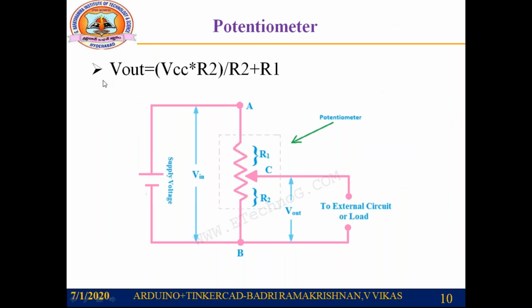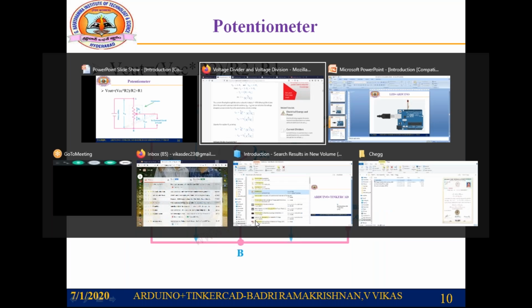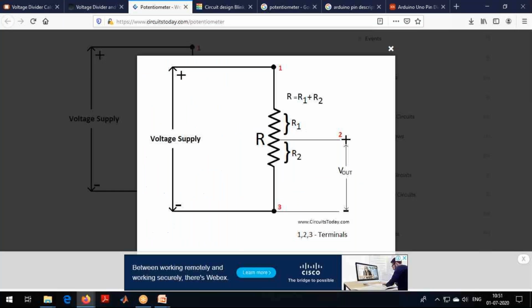That is what we are writing here: V output equals whatever voltage we apply as input, multiplied by resistance R2 by (R1 plus R2). Now we will see the same thing in Tinkercad.